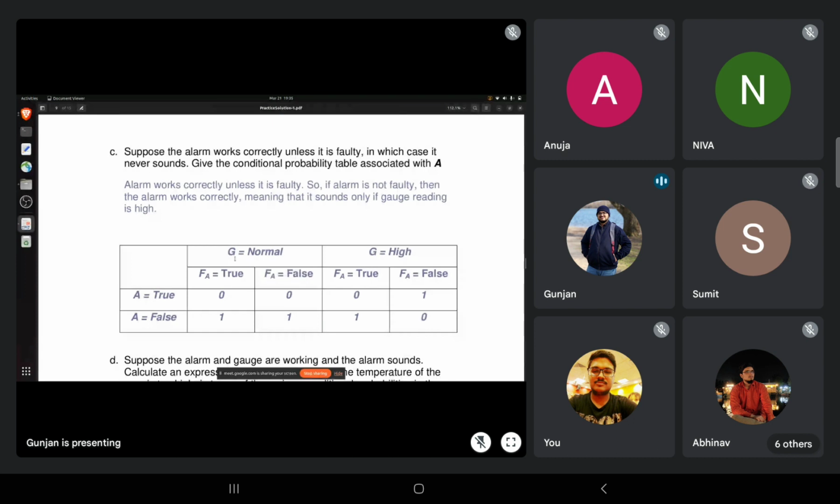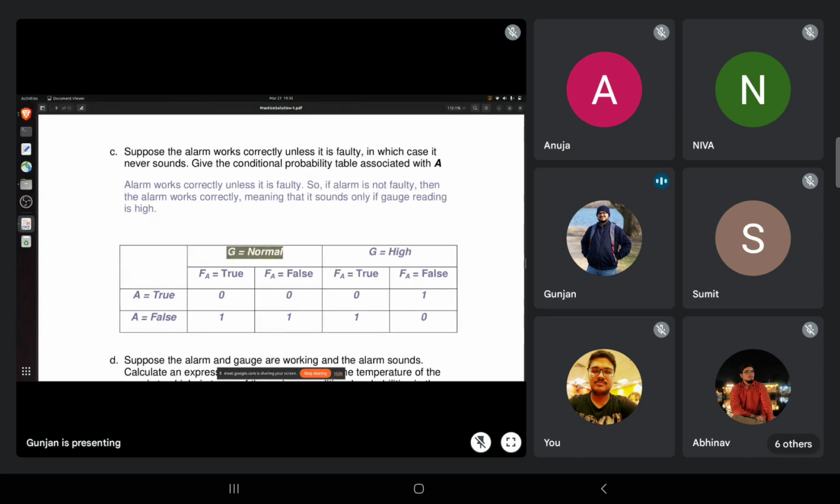But if you are given that G is normal, will the alarm ever go true? Given that G is normal, will the alarm ever ring? No, sir, it won't ring. That is correct. So that's why it is zero in both the places, right?